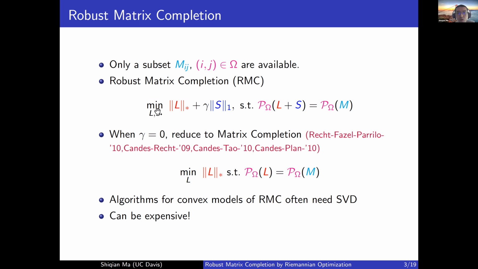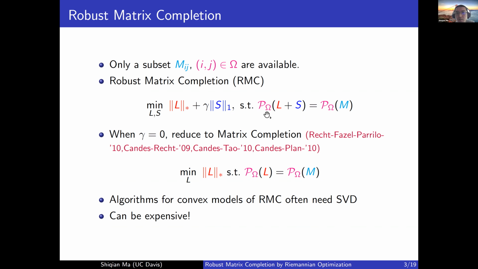In this formulation, we can see that again we're minimizing the nuclear norm of L plus the L1 norm of S, subject to some linear constraints. And this operator P sub omega denotes a projection onto the index set omega. So basically, it requires that these two matrices agree with each other on the index set omega.